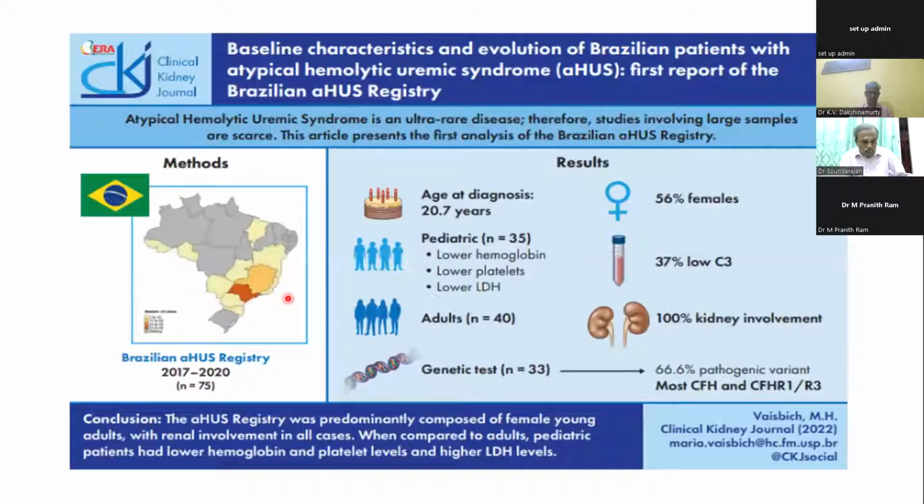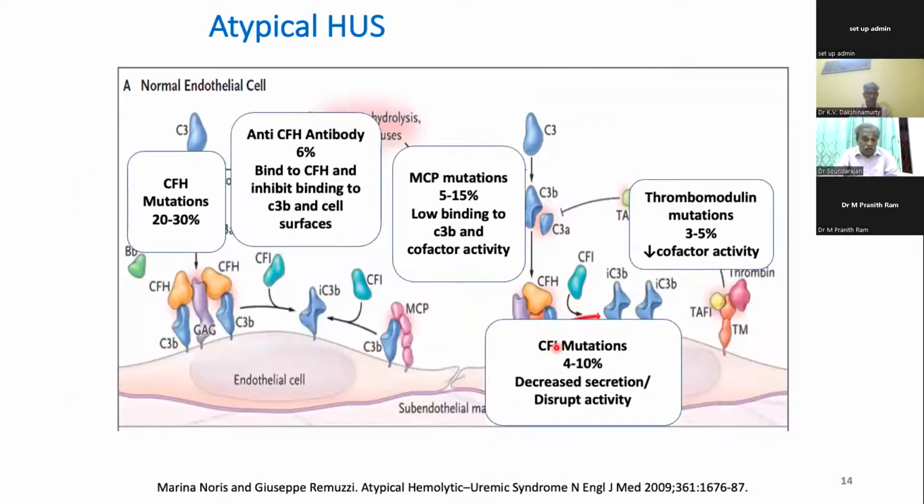In one of the largest series available, from Brazil, they found that underlying complement gene abnormalities were seen in 50% of patients. But this test is performed in only 50%, and this number varies from country to country. So to standardize the methods, the American genomic guidelines have recently been published regarding the number of genes to be analyzed and the method to be used.